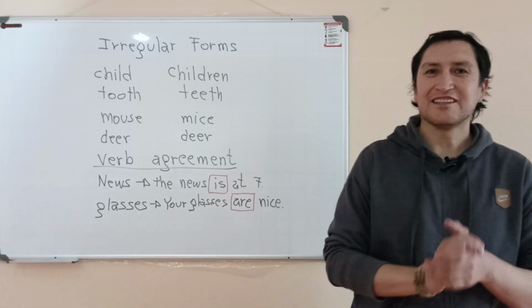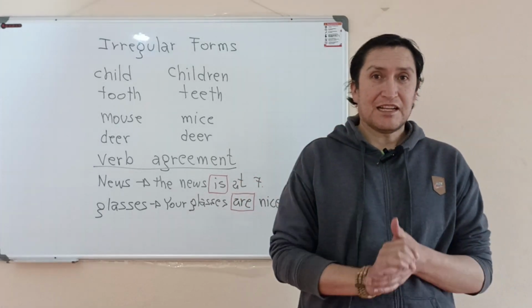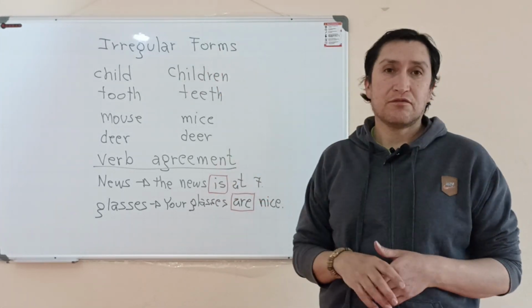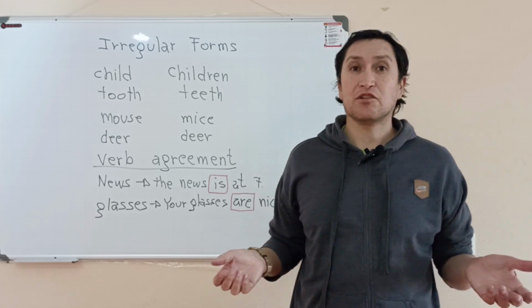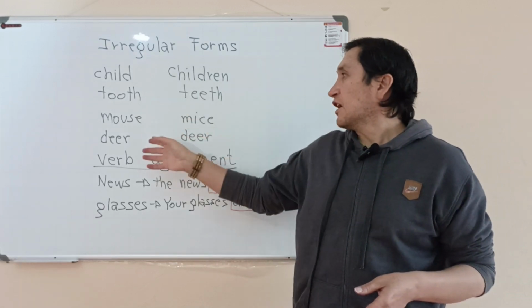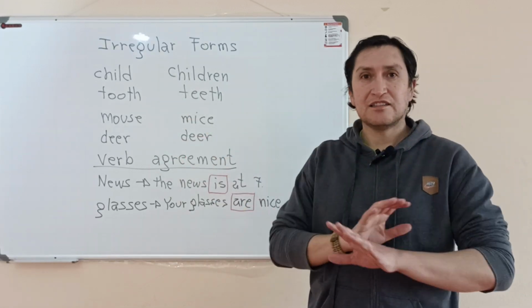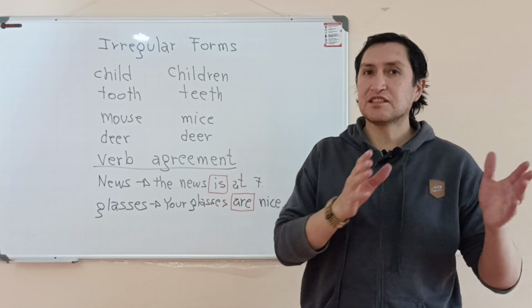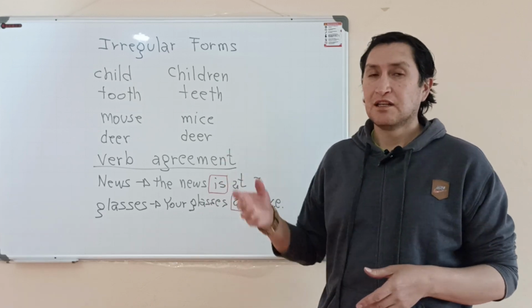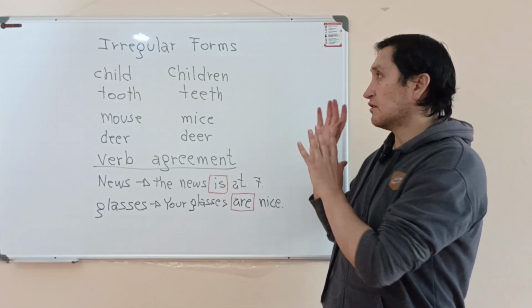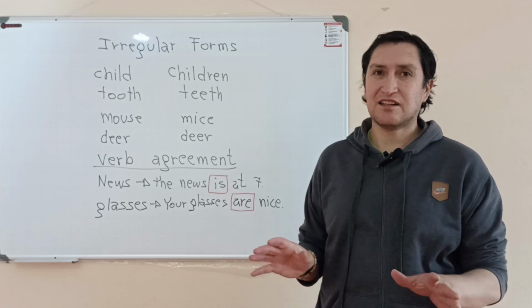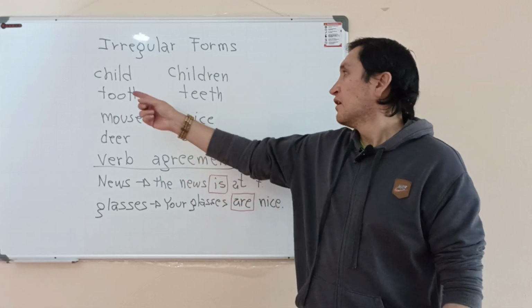Okay, here we are. Let's finish this class with irregular forms of the plural and singular forms. Sometimes we have some words that are totally different between the singular and plural form. Let's see some examples. These words we have to memorize. There is no other way.